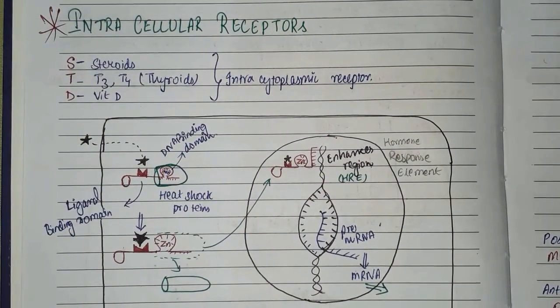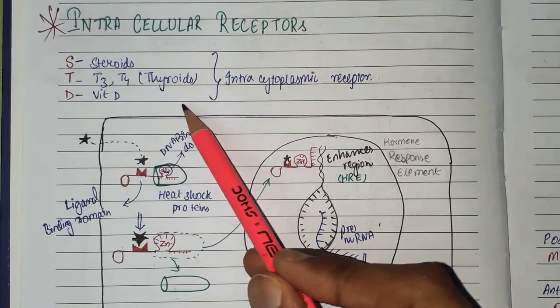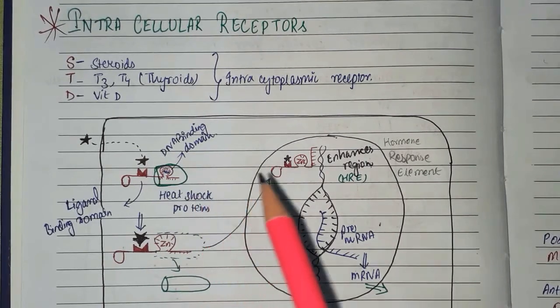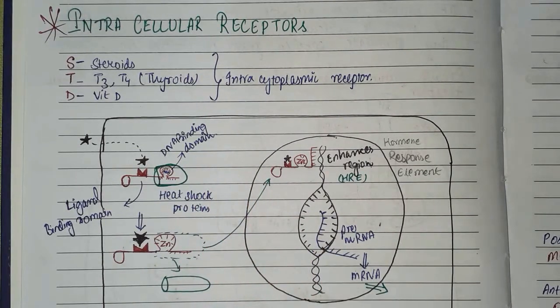Okay, so now we will discuss intracellular receptors. These receptors are present inside the cell. Previously you have seen many extracellular receptors, which are present outside the cell membrane, and these intracellular receptors are present inside the cell. Which substances will have receptors inside the cell?